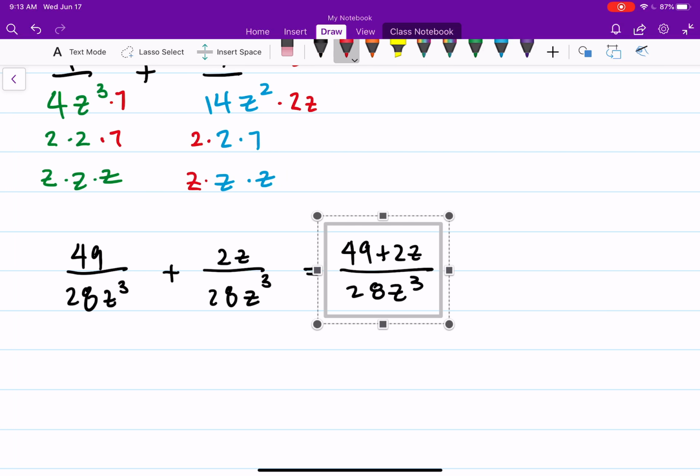Notice that there is an addition sign right in here. The addition sign basically bonds that binomial together. So I can reduce the 28 with a 2 and make this a 14, and I can reduce the z, but I can't do that with the top.